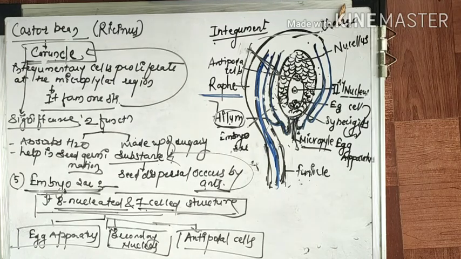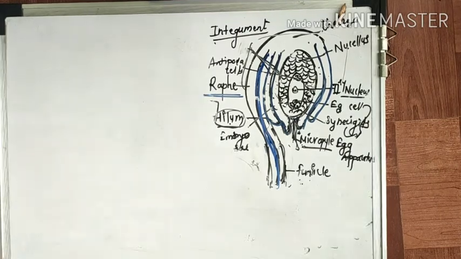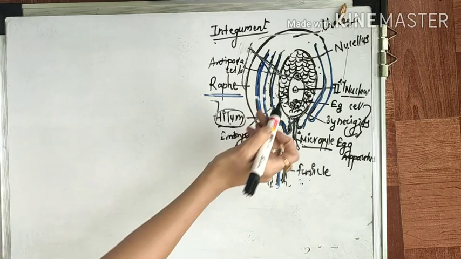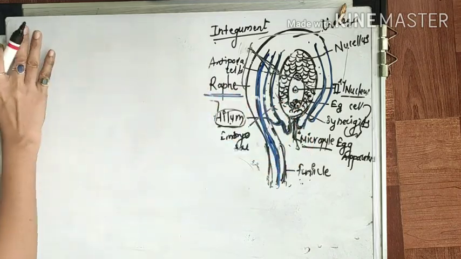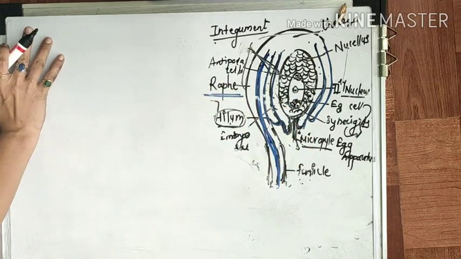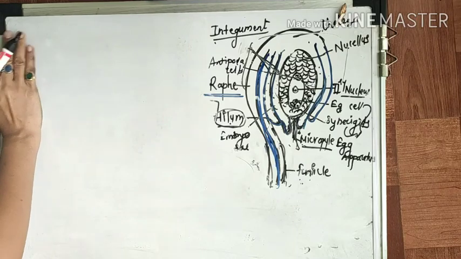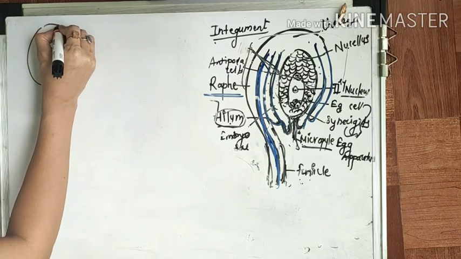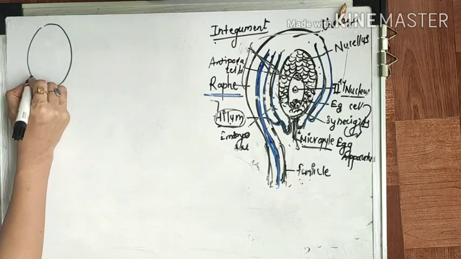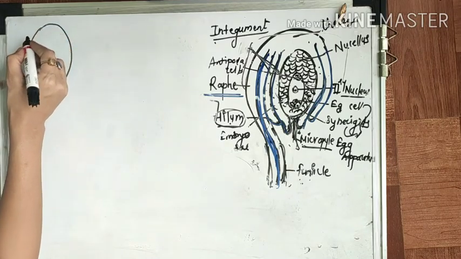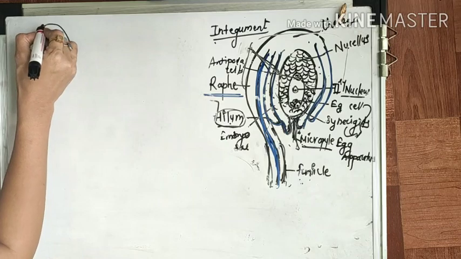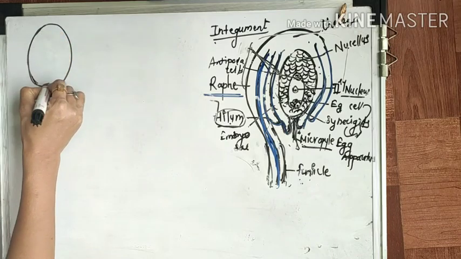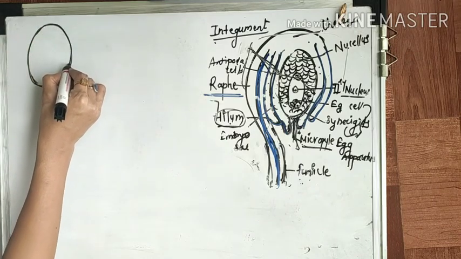First I will draw the structure of the embryo sac here, so you will understand very well.